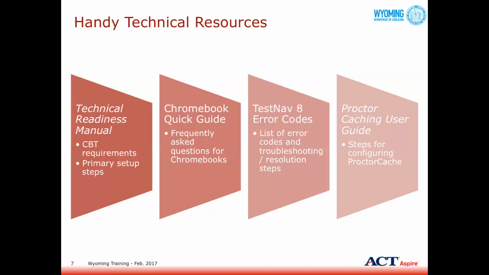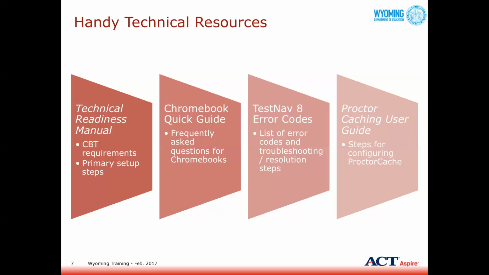Many times we get questions about TestNav 8, and we started doing some connection tests, and we run into some errors in codes. So some of the things you can do is look at the list of codes and troubleshooting and just try to see, well, is it a connection issue? Is it something that the data is not on the Proctor caching machine?